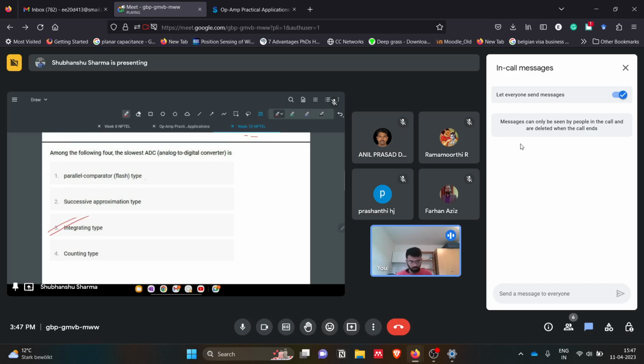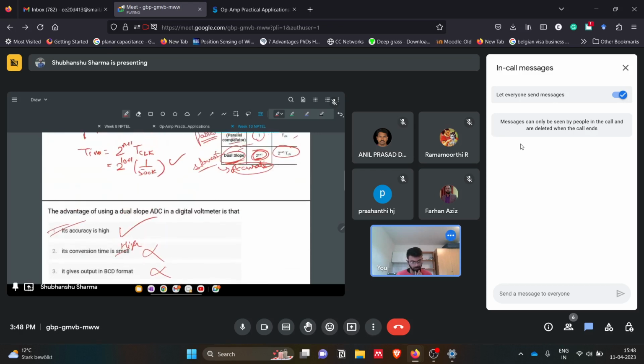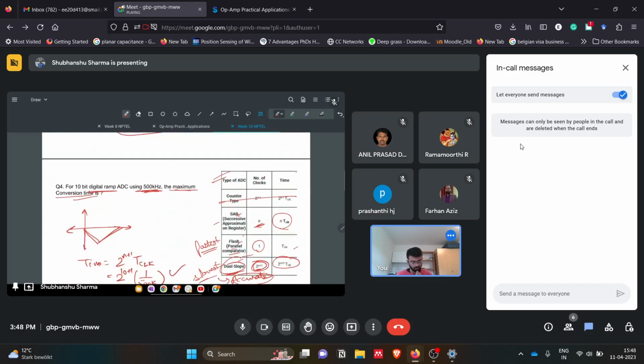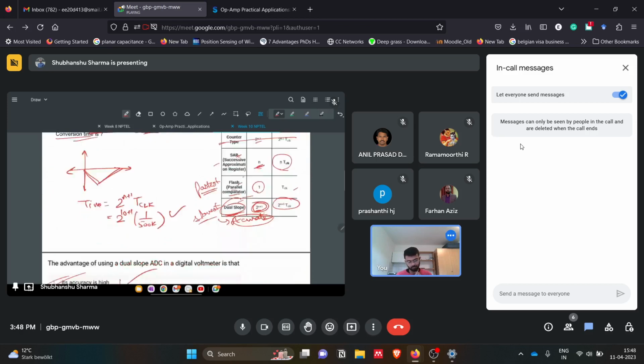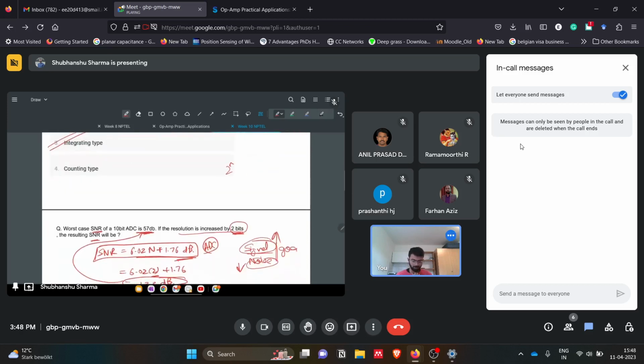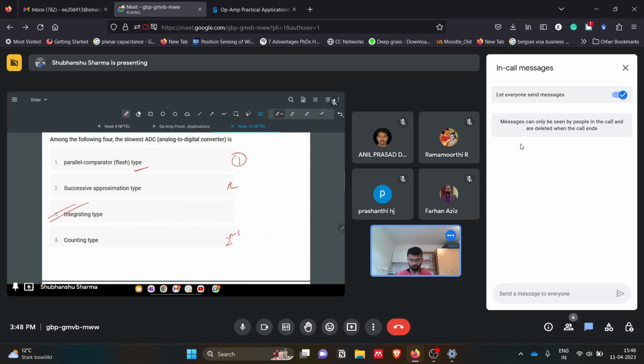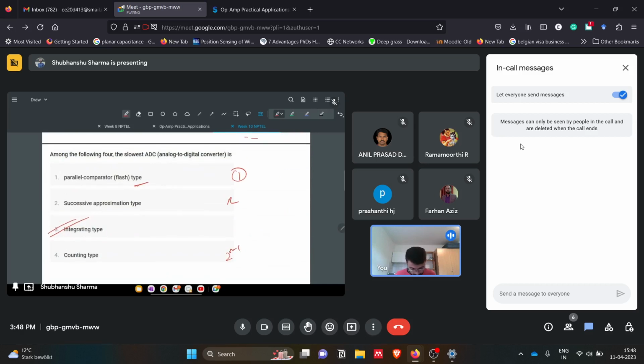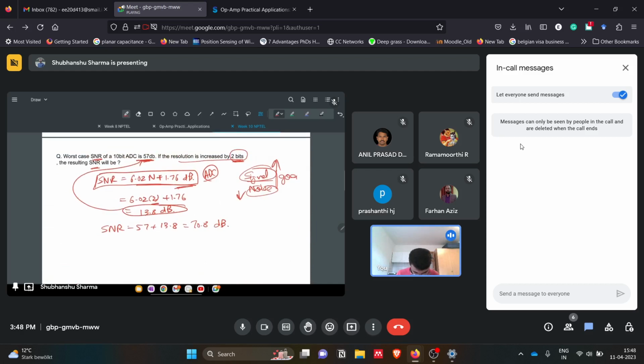The flash type needs only one clock pulse time, successive approximation needs the number of bits, and in the counting type it is I think 2 to the power n minus 1. So this is there, and I just solved this question.